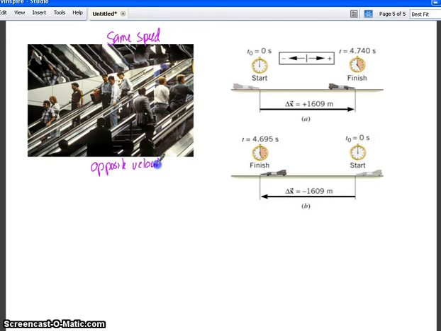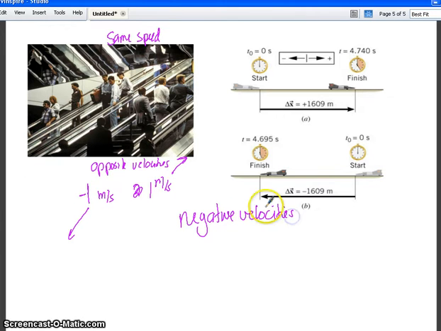So let's say this escalator is going up at 1 meter per second that way. This one would be going down at negative 1 meter per second the other way. So it is possible to have negative velocities.